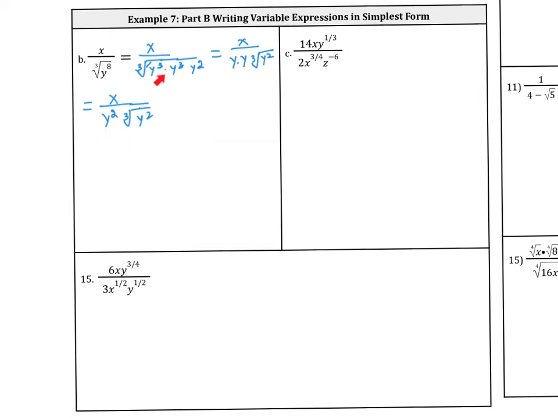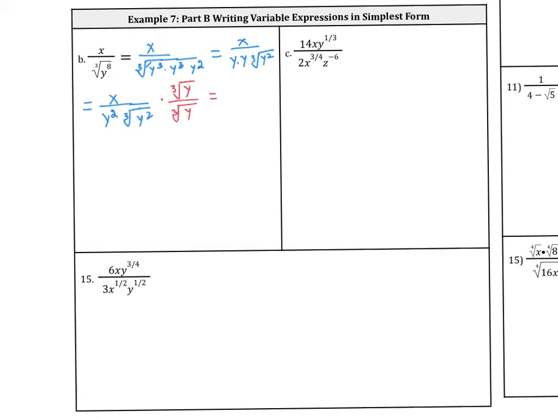So you have y squared outside, but this y squared remains inside, which we cannot have on the denominator. In order to get out of the radical symbol for this y squared, we need one more y. So we are going to multiply the top and bottom by one more y.